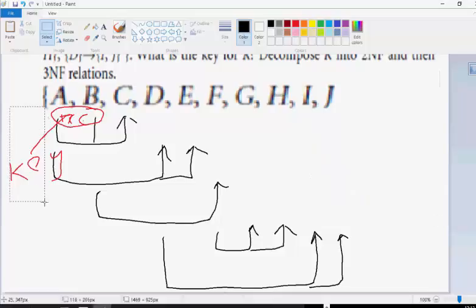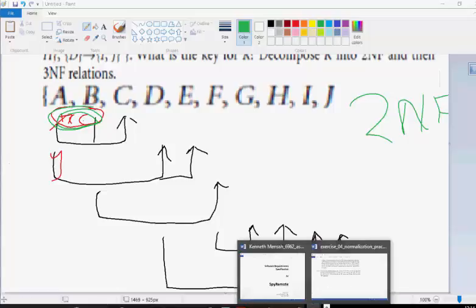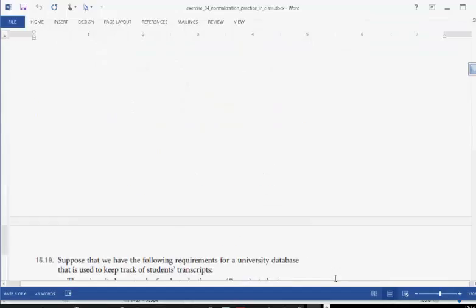So given my key is AB, that's the two things, A and B. So we are trying to get to second normal form. If my key is just A and B, what am I trying to do when I'm in second normal form? What should be your goal in second normal form? You can refer to the sheets. But in the exam, there will be no sheets.